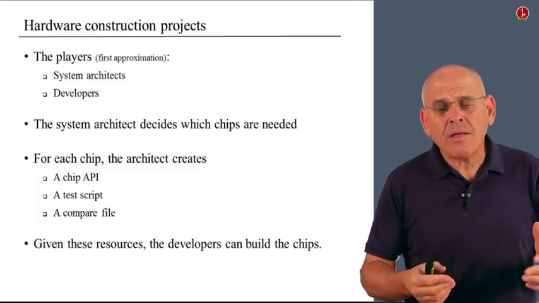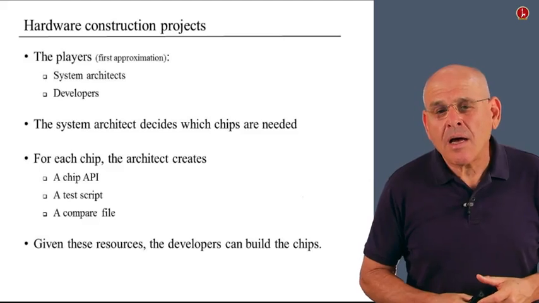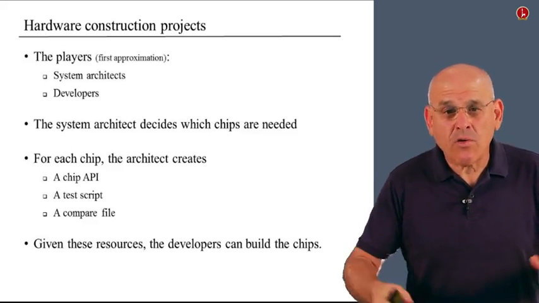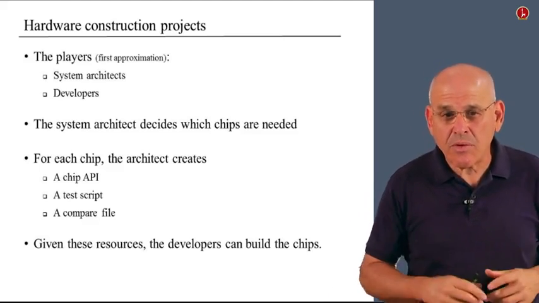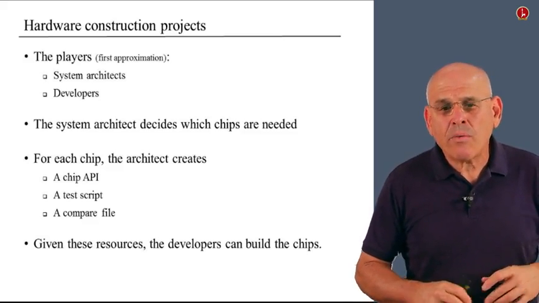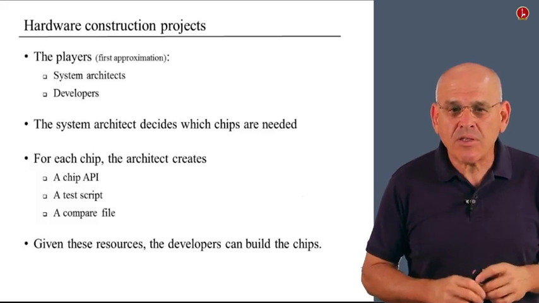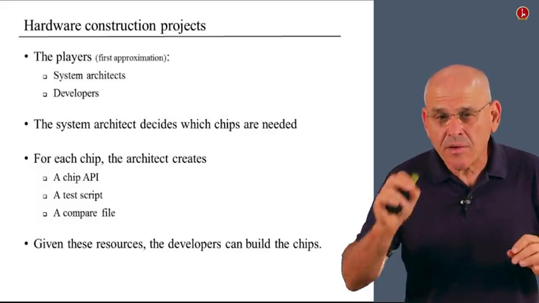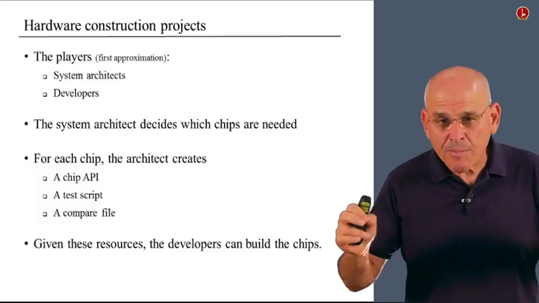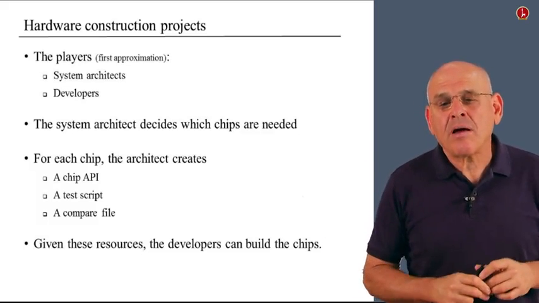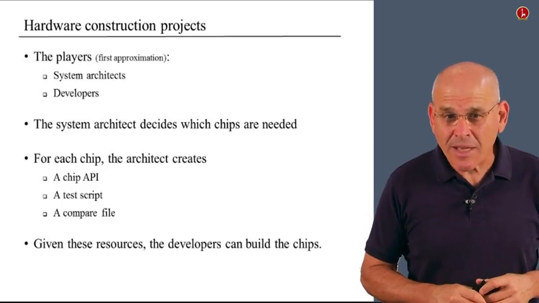So, for example, the Hack computer: I could have told you something like go build a computer, and actually that's what we do in this course, but we split this job into the construction of something like 30 different chips that together comprise the Hack chipset.